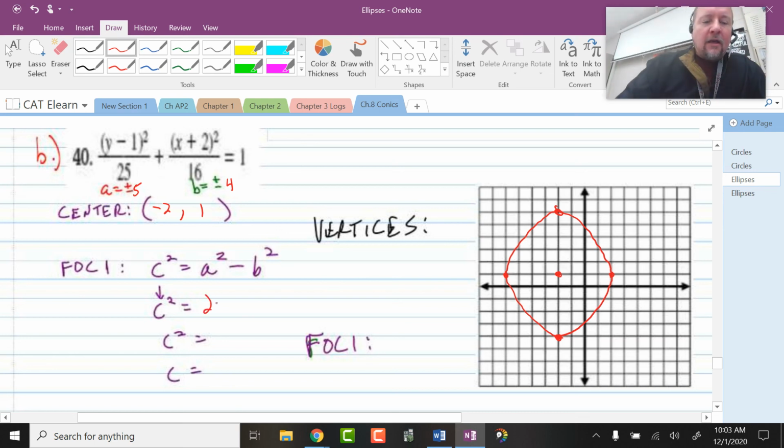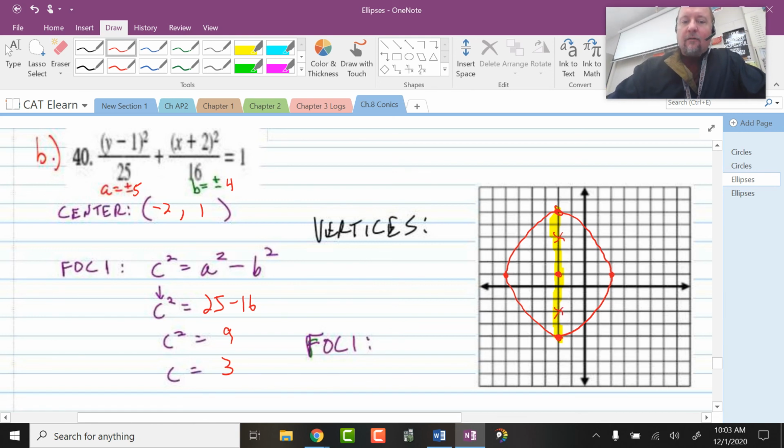All right, 25 minus 16. Ooh, this is nice. Square root of 9 is 3. So the foci are, again, along the major axis. And that is 1, 2, 3 up, 1, 2, 3 down.